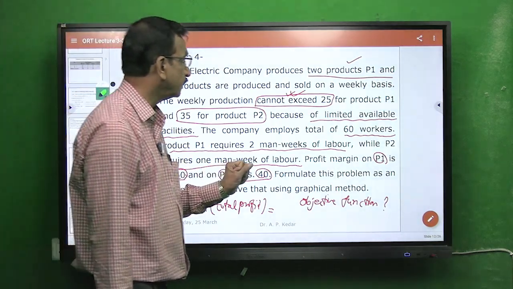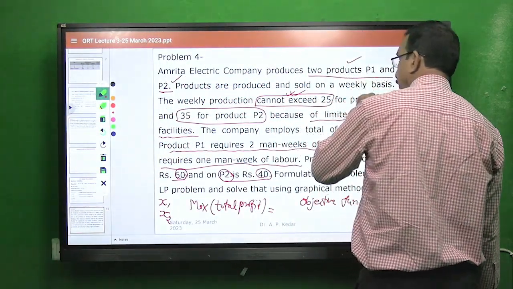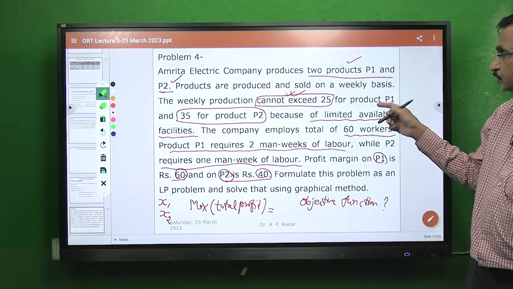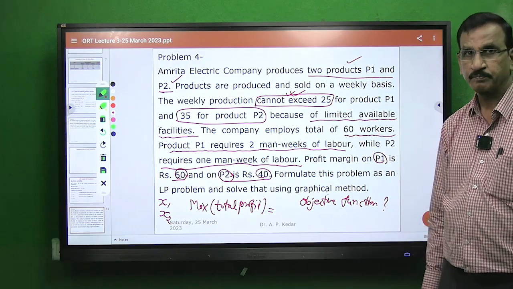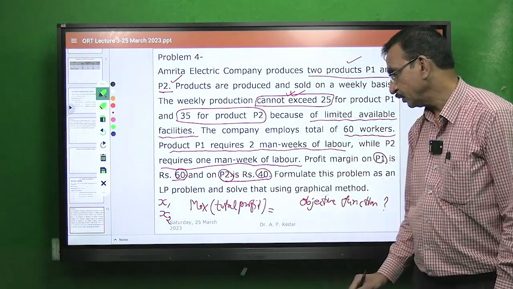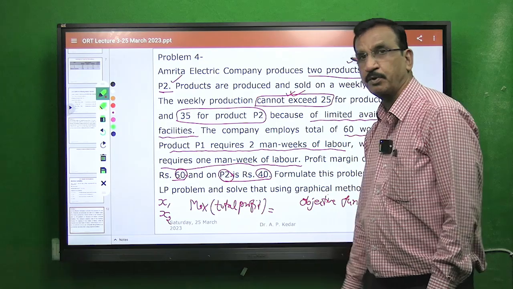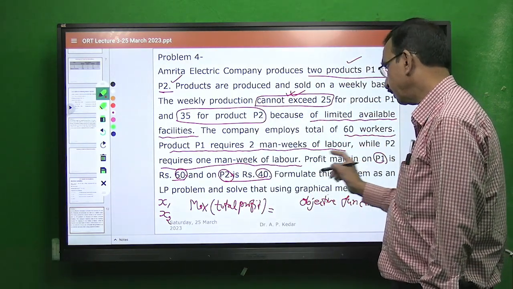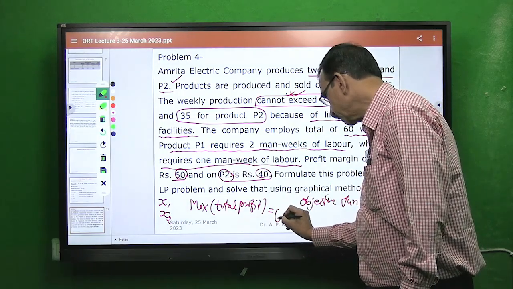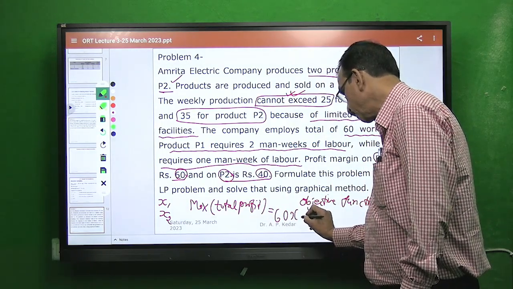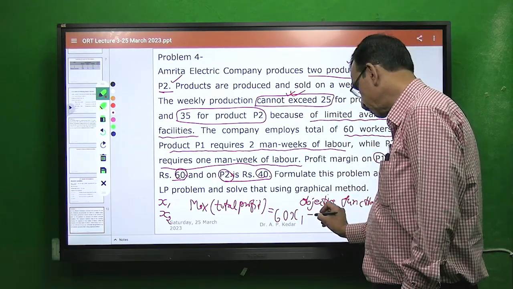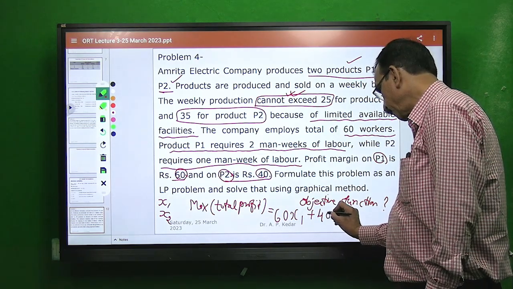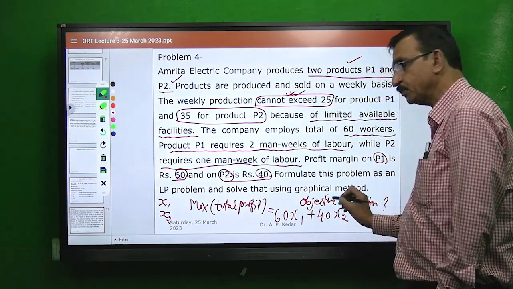If I am ready with the amounts of product P1 and product P2 to be produced, and if profit values are given, we know that maximized total profit would become 60 into the number of units of P1 product plus, that is the additivity property, 40 per unit profit into the number of units of product P2.